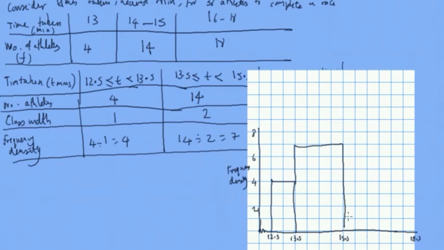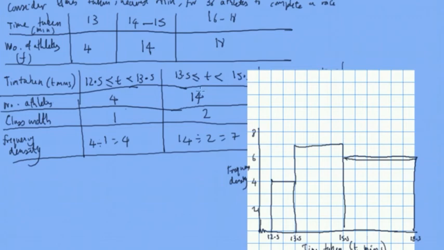I've lost the last bit, but the frequency density was 6. That's meant to be on the 6. And this is our time taken, t in minutes. So make sure when you label your axes that you put units in as well.